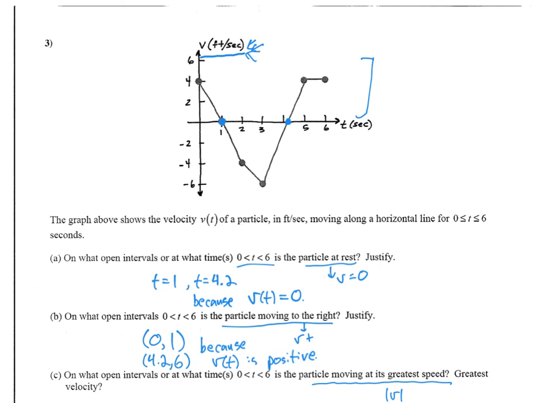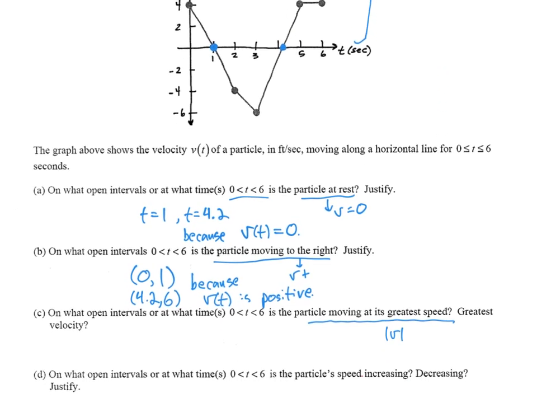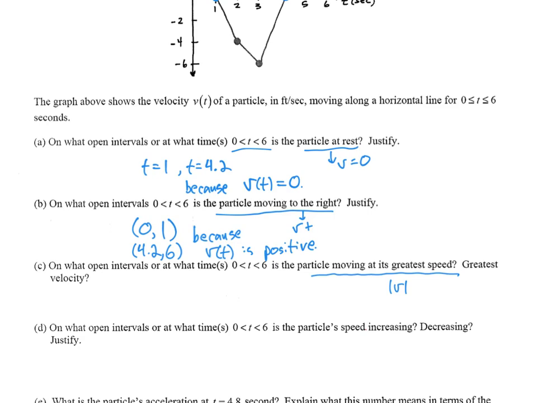So I would conclude that the greatest speed would be 6, and that happens at t equals 3. That's where the velocity is negative 6, and that just means the particle is moving to the left. So the greatest speed is 6 feet per second at time t equals 3.